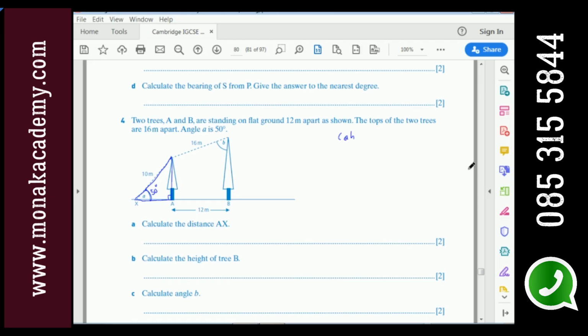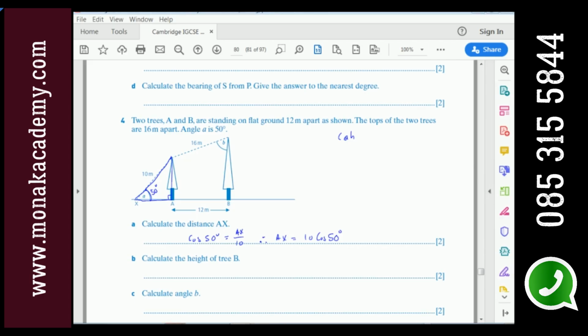Okay, so cos 50 degrees equals adjacent, which is AX, over hypotenuse, which is 10. Therefore, AX equals 10 cos 50 degrees, which gives us 6.43.